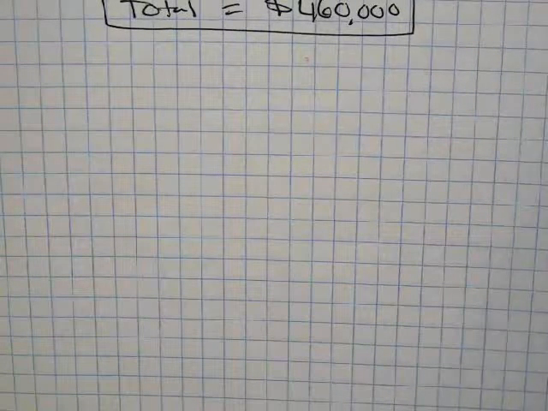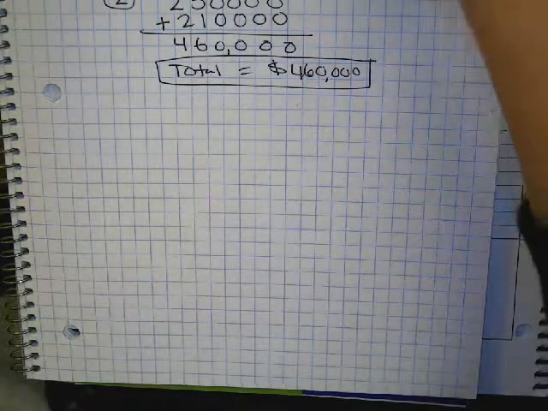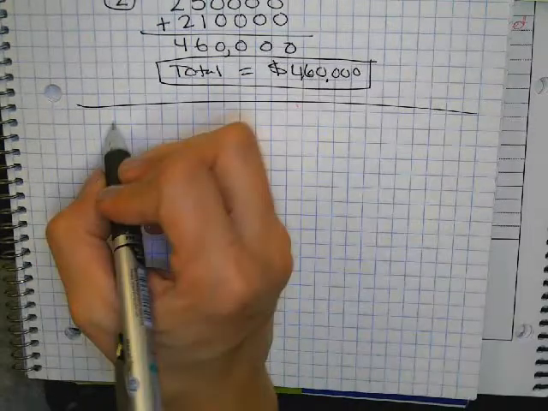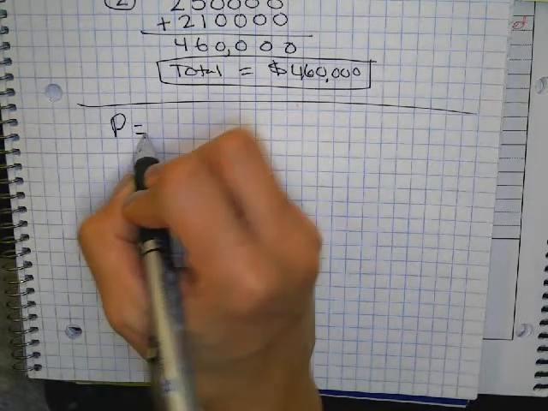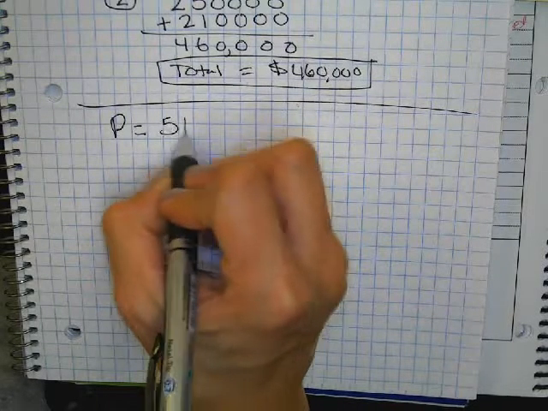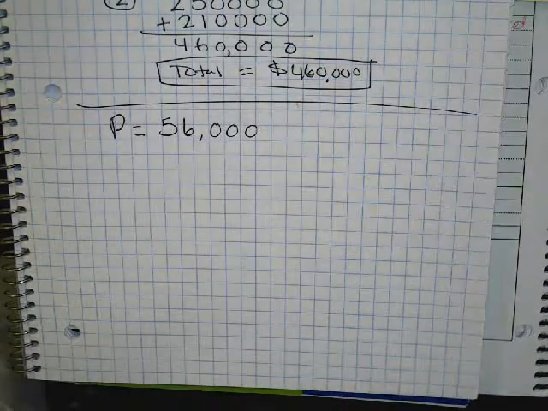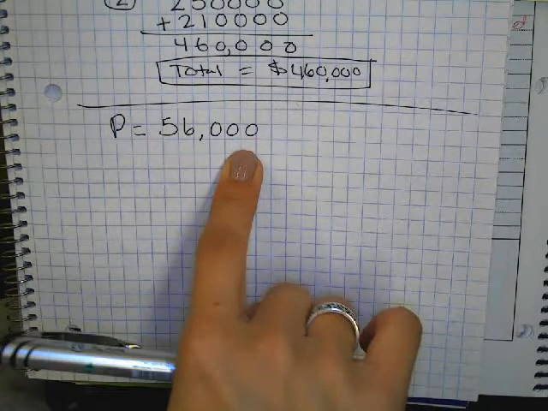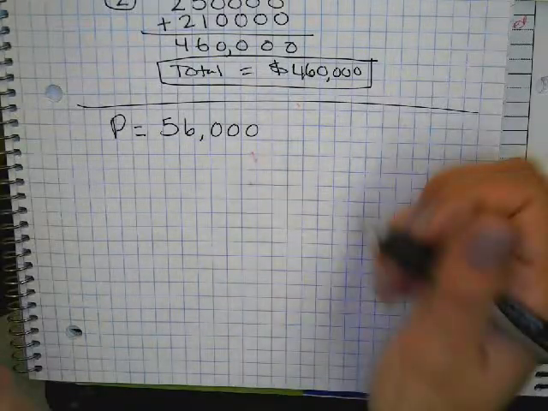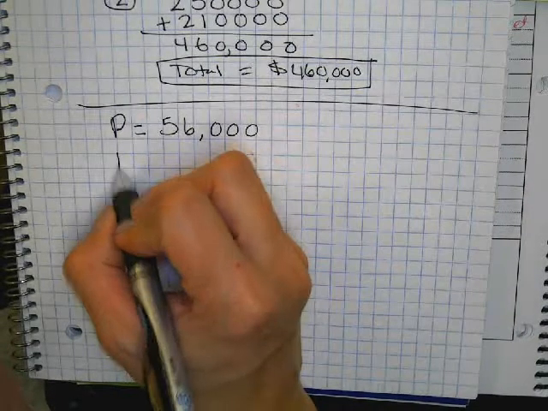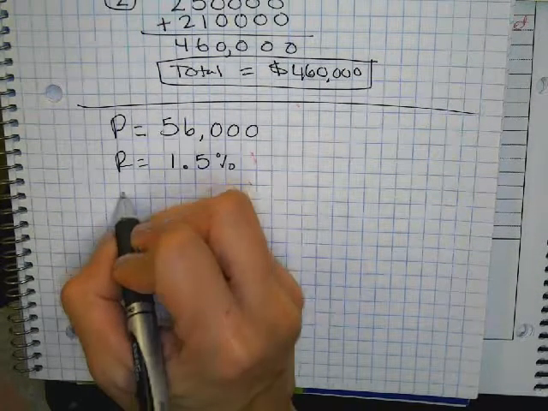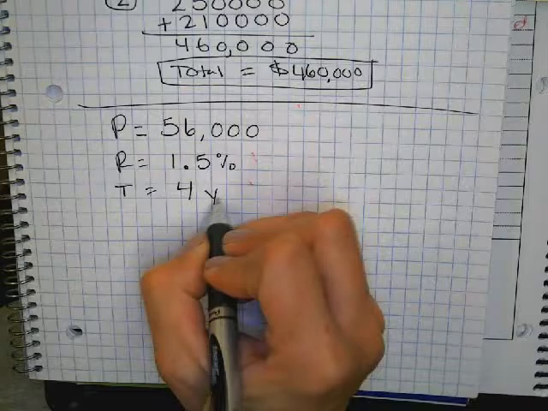Okay, let's try this one out. Let's say I borrowed $56,000. And the bank's like, sure, I'll let you borrow $56,000 at a rate of 1.5% for 4 years.